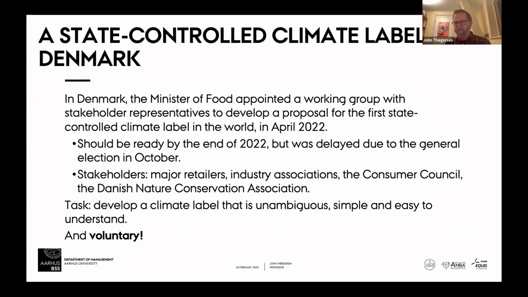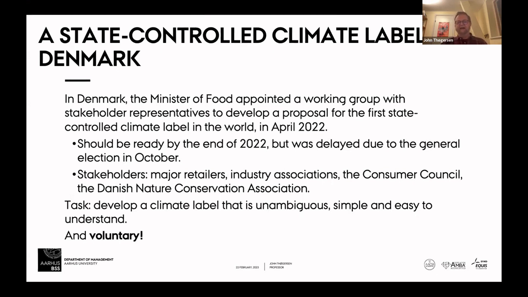In Denmark, where I'm from, there has been a discussion about climate labeling of food products for some years now. And in the spring last year, the Minister for Food appointed a working group with stakeholder representatives that had the task of developing a proposal for a state-controlled climate label, which would be the first state-controlled climate label of the world.